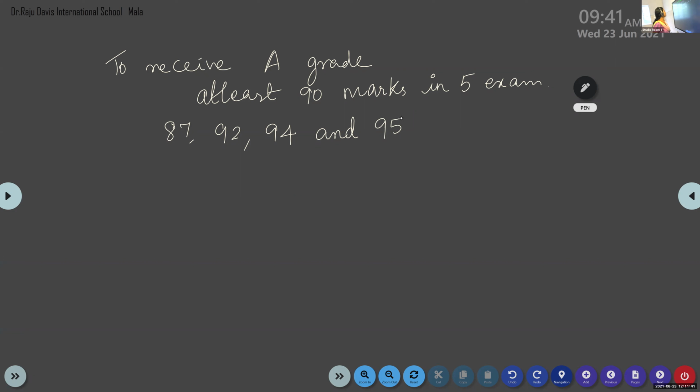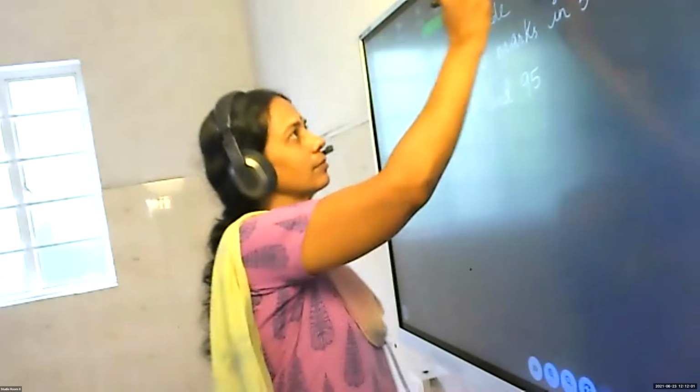Okay, so listen children, note it. To get grade A, the average must be at least 90 marks. Here one word is there, I think I missed that word: average. At least average 90 marks. What is the meaning of at least?